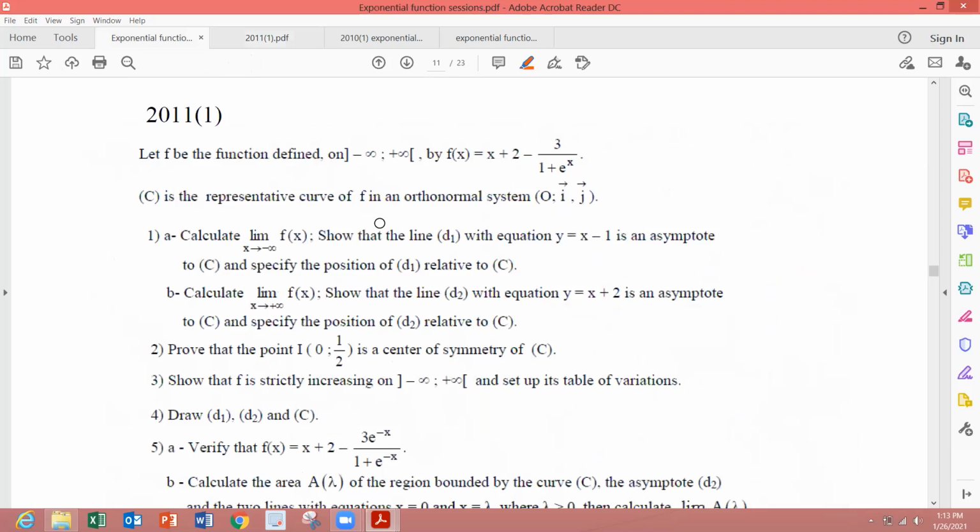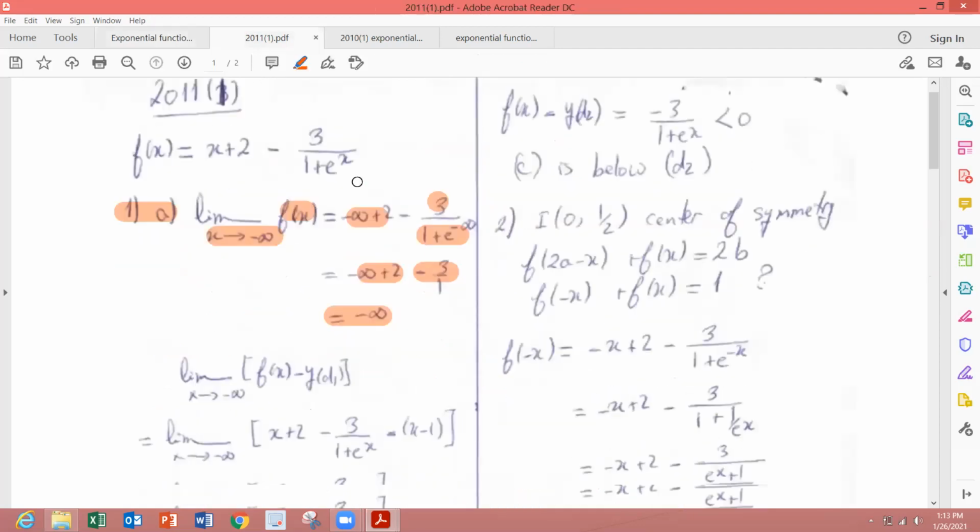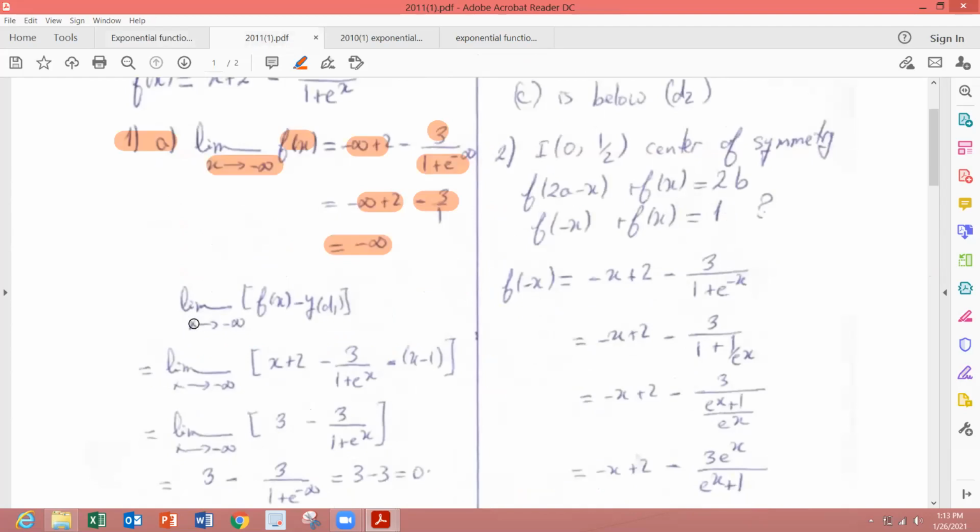Show that the line D1 with equation y equals x minus 1 is an asymptote to C. How to prove the line D1 is an asymptote to C? Limit as x tends to minus infinity of f(x) minus y_D1.